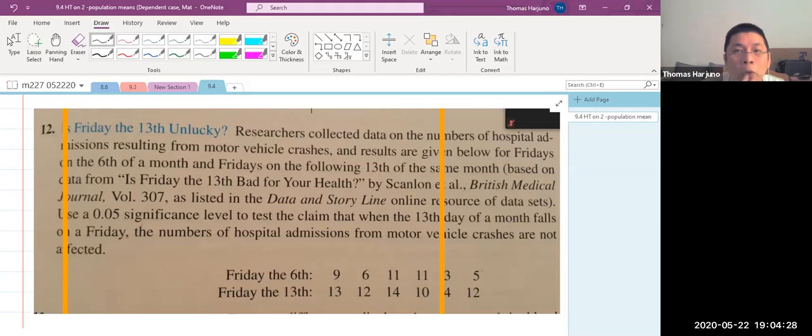Okay, now we want to see if the claim is that when the 13th day of a month falls on Friday, so Friday the 13th, the number of hospital admissions from motor vehicle crashes are not affected. So is Friday the 13th a bad day to drive?